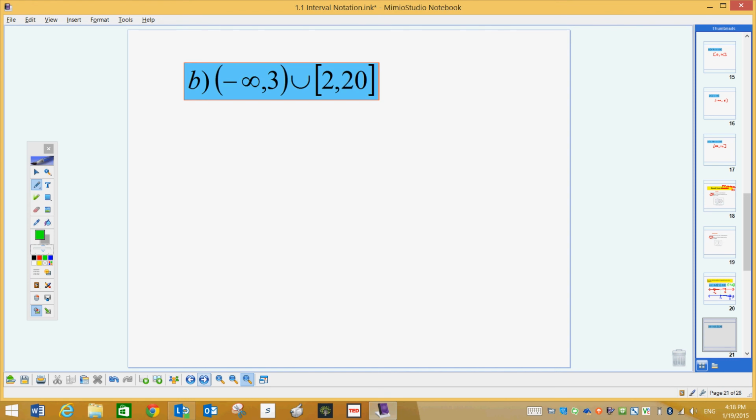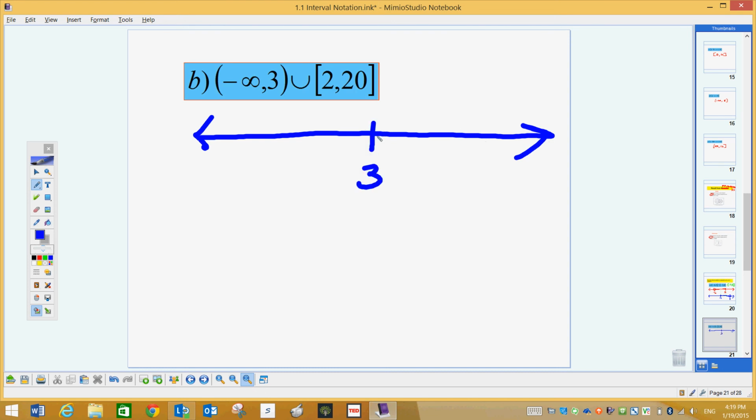Okay, using the same principle, if I was looking at the union of negative infinity to 3 all the way up to 2 to 20, again, I would do my first number line, and this one would be 3 with an open circle, and I'm shading everything to the left. Then, if I do the second interval, which is 2 to 20, I should be using a separate number line for the second one.